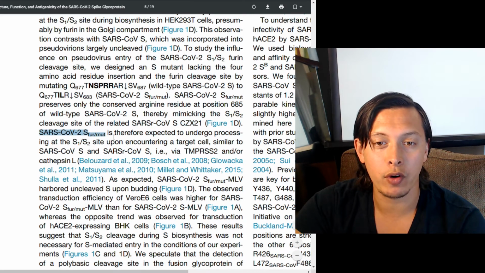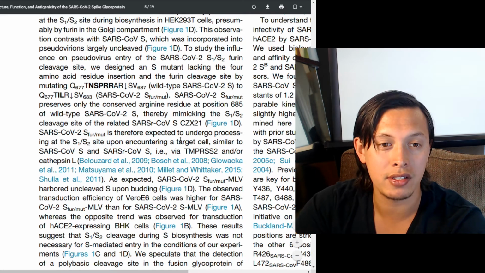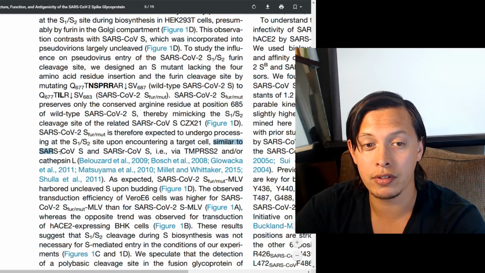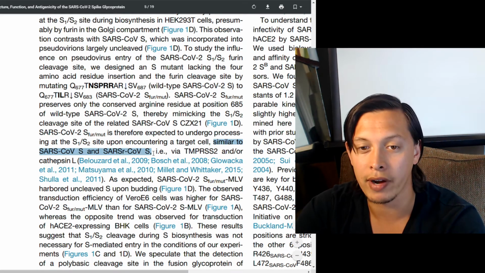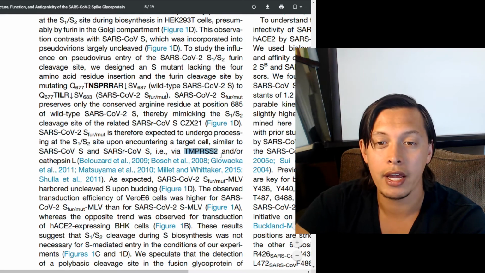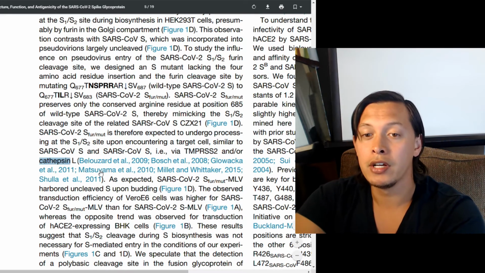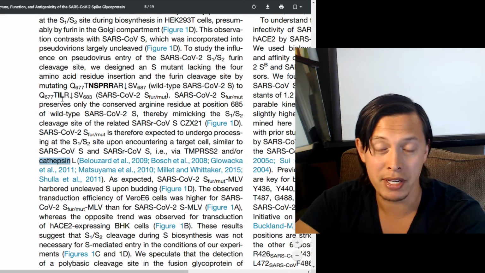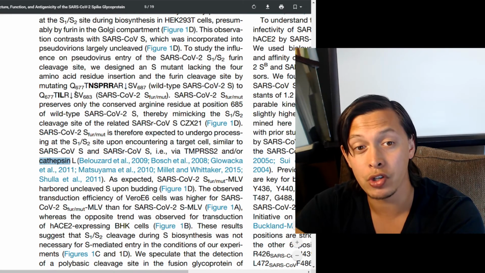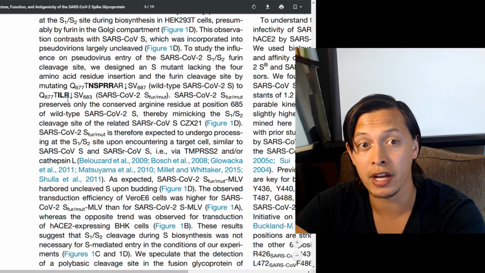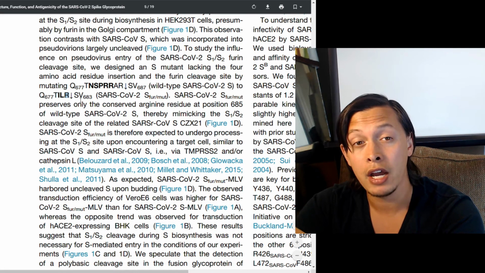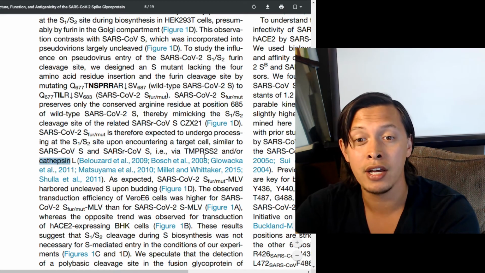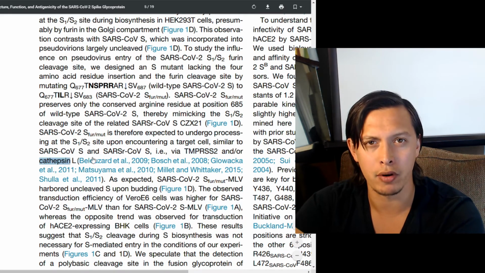This is therefore expected to undergo processing at the S1, S2 site upon encountering a target cell, similar to SARS-CoV-S and this related coronavirus, through TMPRSS2 and/or through cathepsin L. So they removed the polybasic cleavage site and replaced it with the monobasic cleavage site, but they presume it is still susceptible to being cleaved. It just can only be cleaved, or at least preferentially cleaved, by these specific proteases.